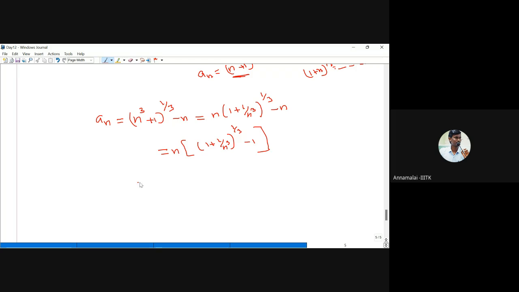Now I directly write this: simply using the formula, expanding by the binomial theorem, you get 1 plus 1 by 3 n square, that is p by q into this n cube, then minus, since the alternate sign should be minus plus.